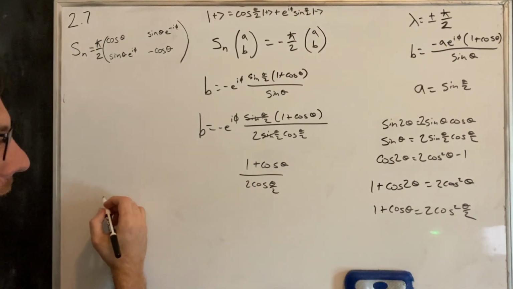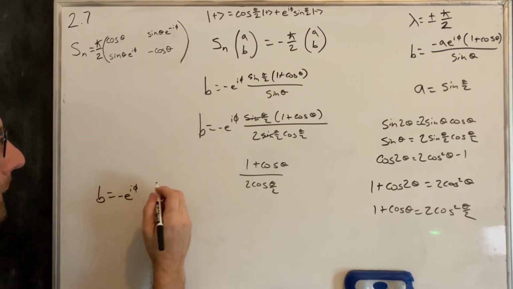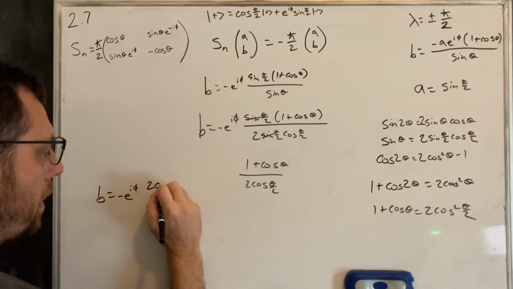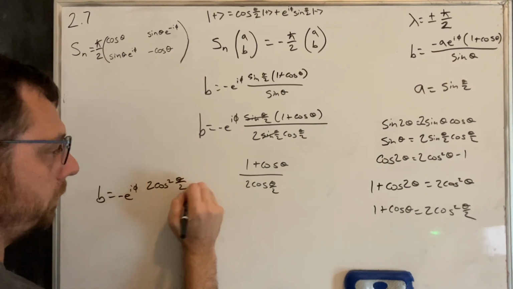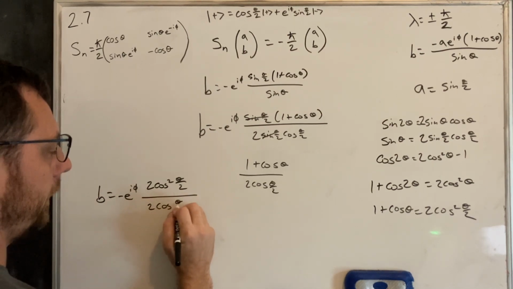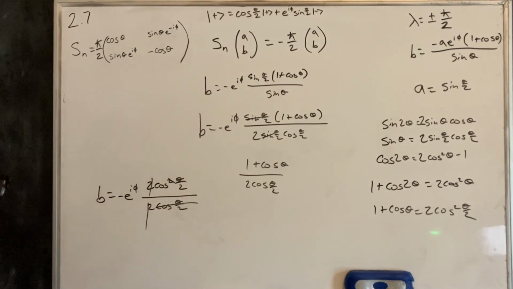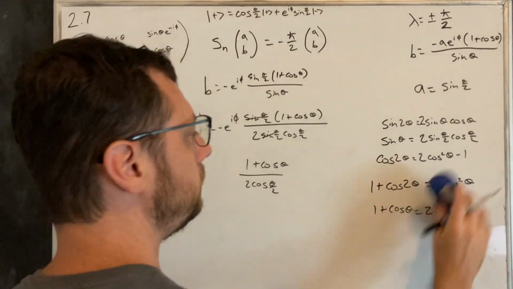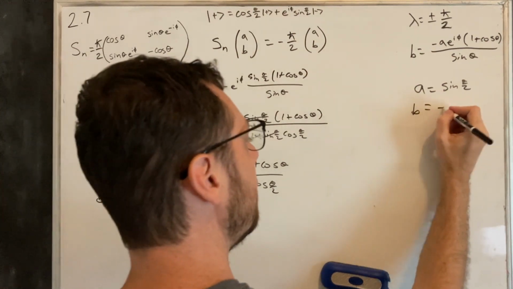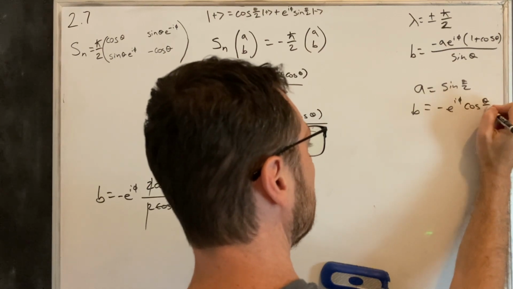I'll write the whole thing out over here. So b equals negative e to the i phi, and our 1 plus cosine theta is now 2 cosine squared theta over 2, all over 2 cosine theta over 2. Our 2's cancel, and one of our cosine theta over 2 cancels. Then b is equal to negative e to the i phi cosine theta over 2.